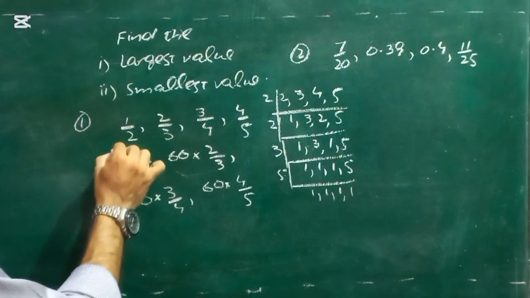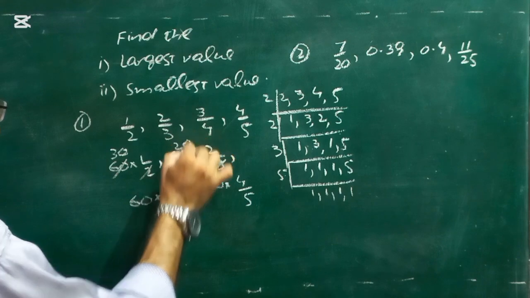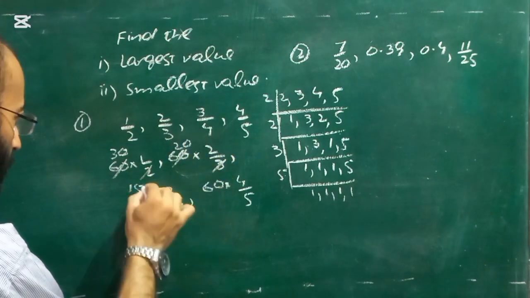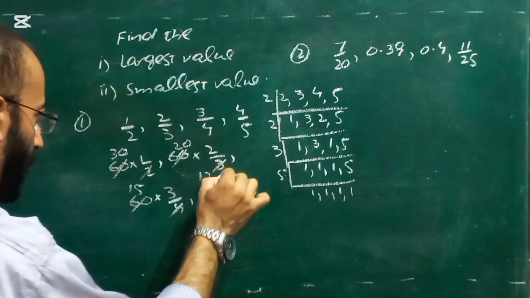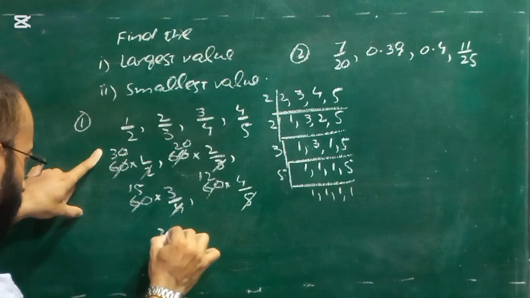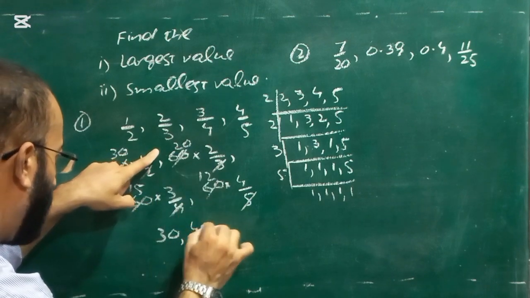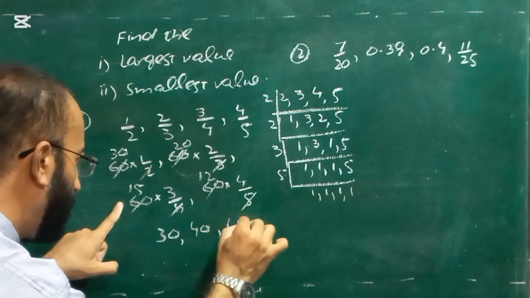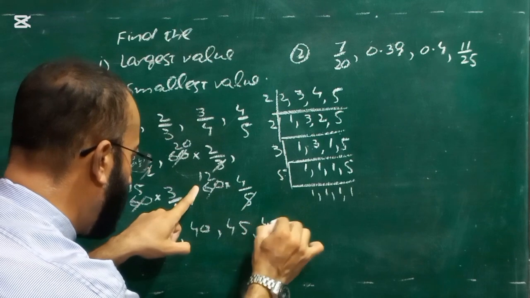So 2 thirties are 60, 3 twenties are 60, 4 fifteens are 60, and 5 twelves are 60. So the first value will be 30, second value will be 2 twenties are 40, third value will be 15 threes are 45, and fourth value will be 12 fours are 48.